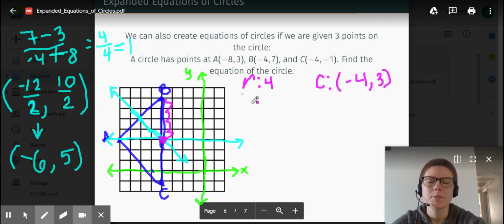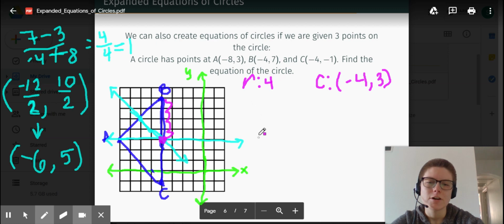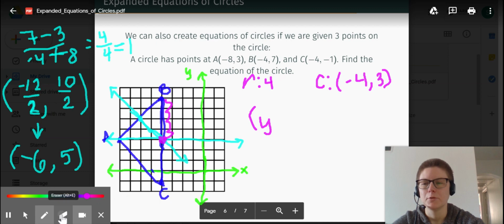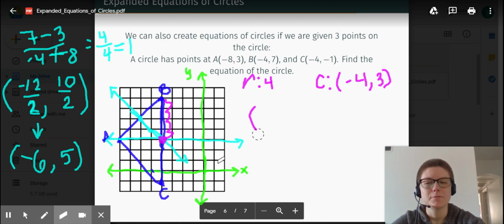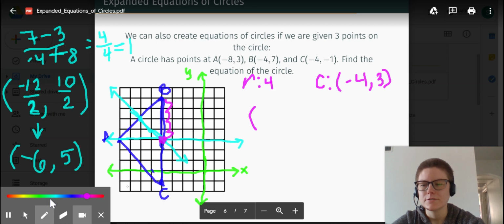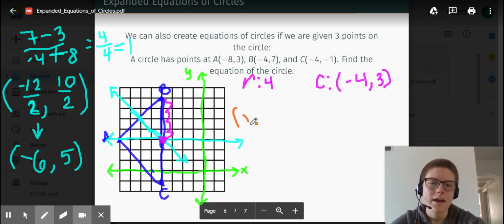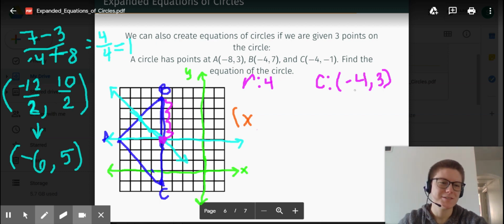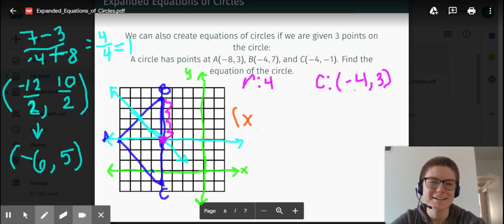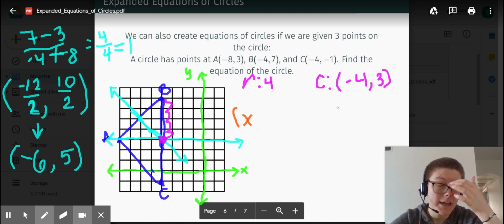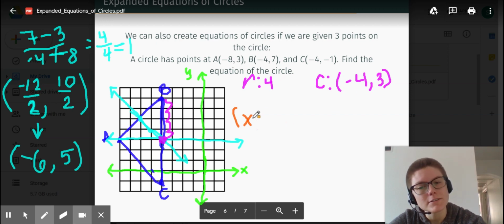All right, and knowing that information, we can now write an equation for our circle. Starting with x, we do subtract. Just making sure you guys could hear me that whole entire time, because earlier my microphone was muted and I didn't notice. So x, we want to subtract negative 4.